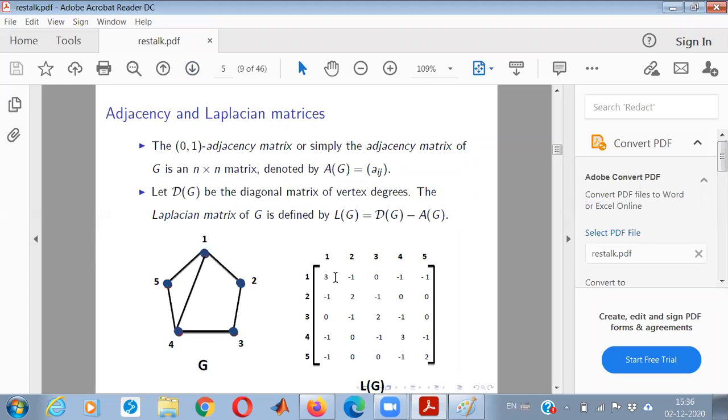For example, if you look at the first row, then on the diagonal you see the degree 3, and then 1 to 2 is minus 1 because they are adjacent. 1 to 3 is 0. 1 to 4 is minus 1. 1 to 5 is minus 1. So that is the Laplacian matrix of this graph.